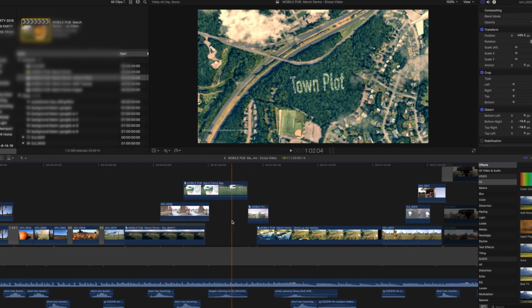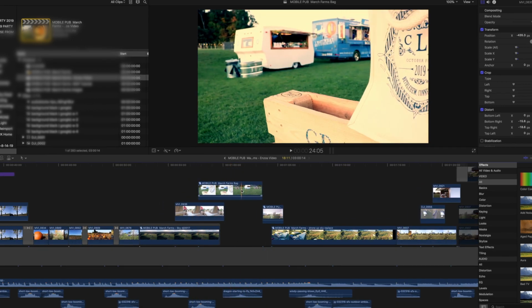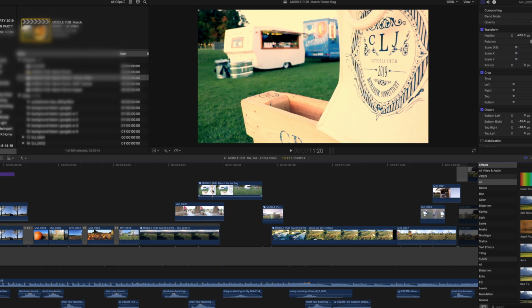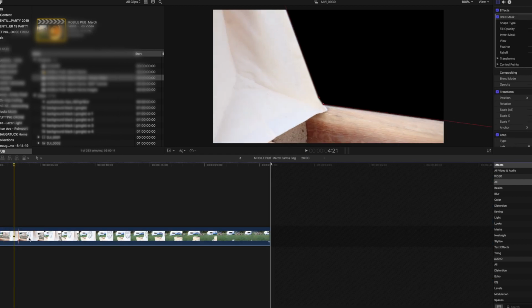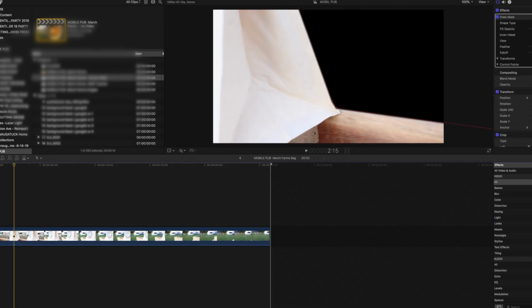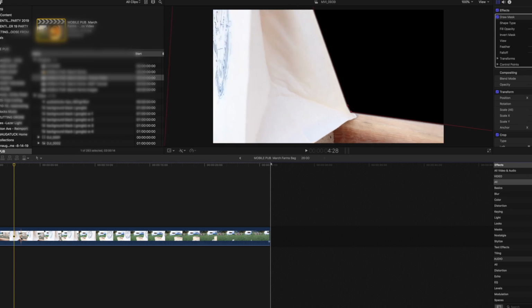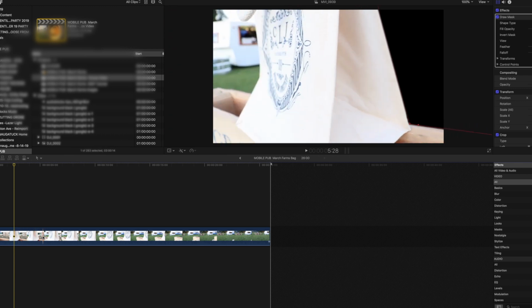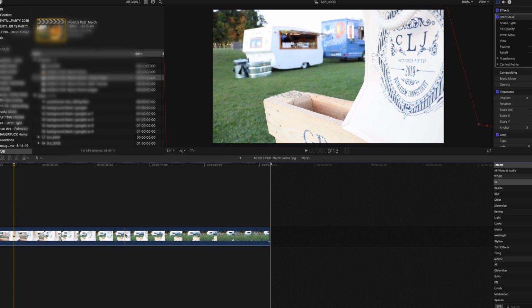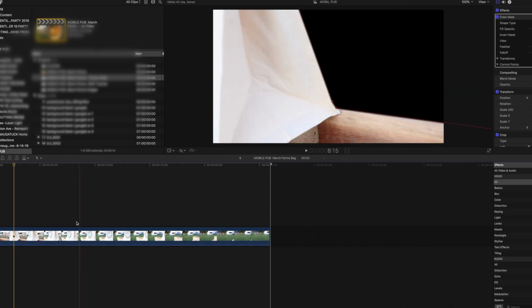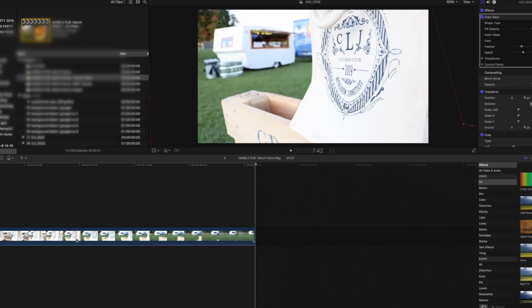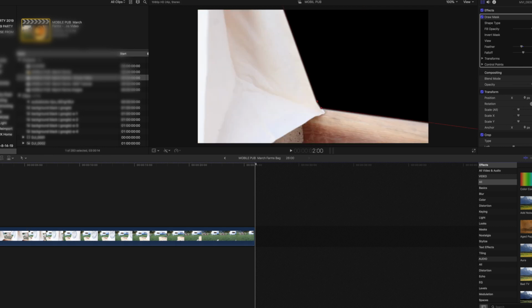Some of the things that we did in this video, for example, this right here was a transition that we did. We keyed out all these elements so that it transitions in the black there that you're looking at. What it does is it will transition to the image that's above it. We keyed out all this stuff frame by frame, and if you notice here, we'll go back to the screen.